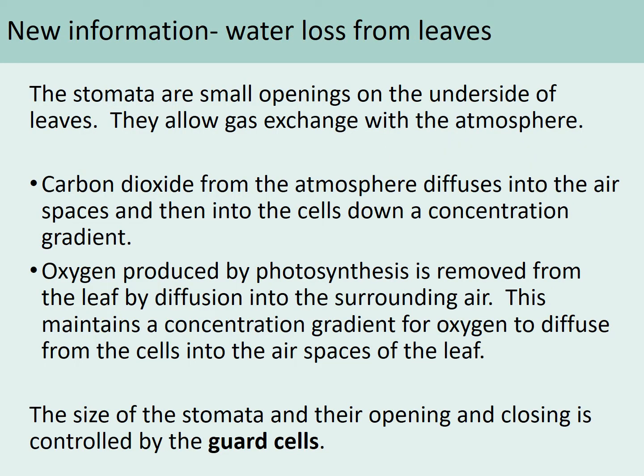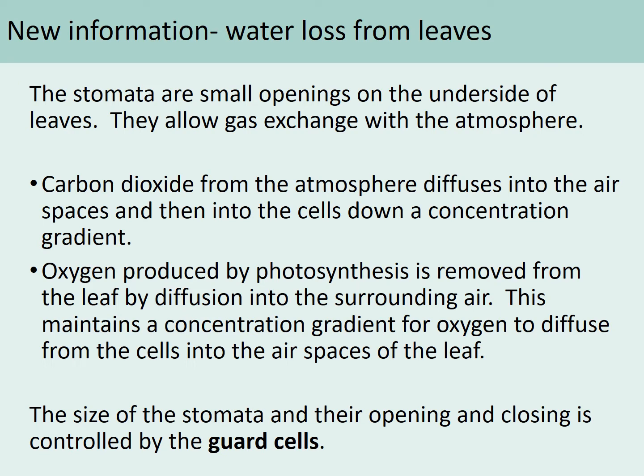Okay. So we're going to look at how that water is actually lost from the leaves, and it's all to do with the stomata. Now the stomata are really important because they allow gases in and out of the leaf, and those gases are needed for photosynthesis.